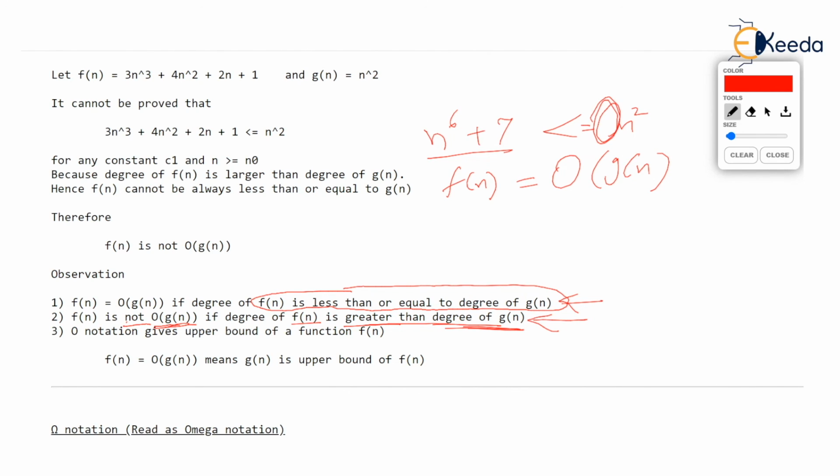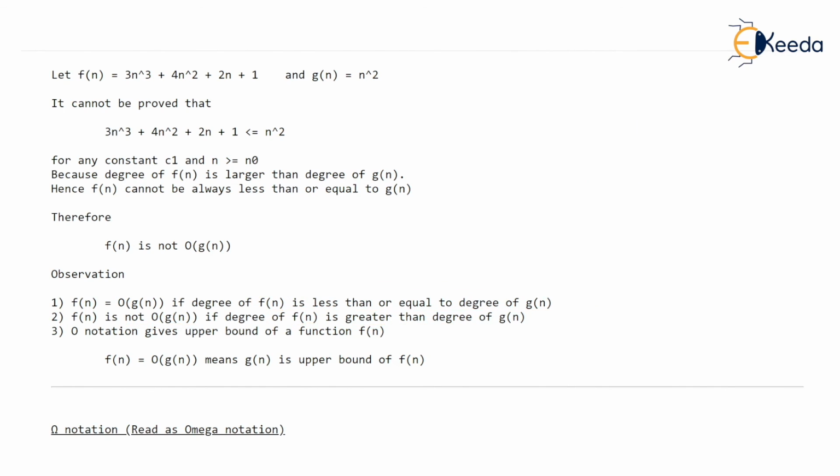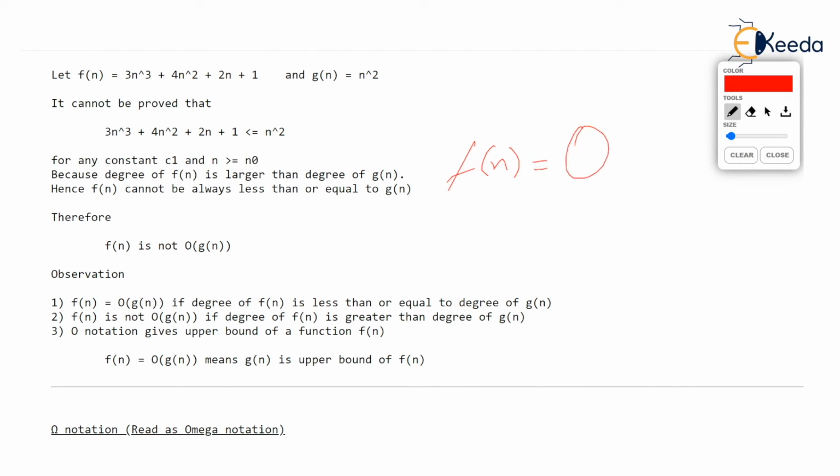And the third point is O notation gives upper bound of the function Fn. Now this is very interesting. O notation gives upper bound of Fn. If I say Fn is O of Gn, then we know that Fn is less than or equal to Gn multiplied with some constant C1.